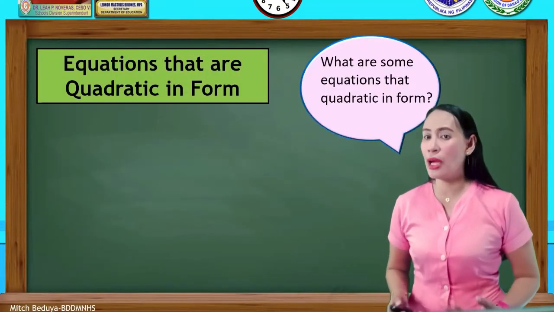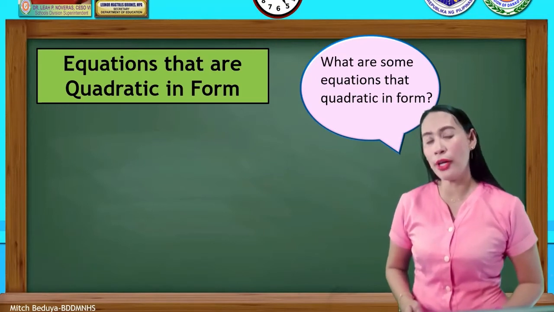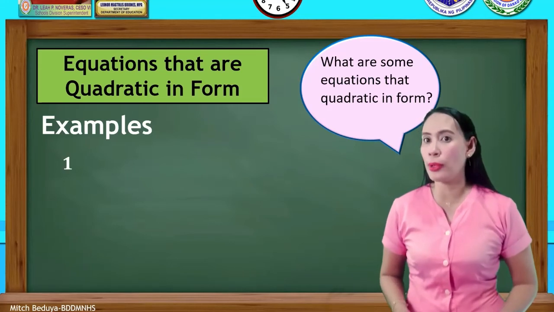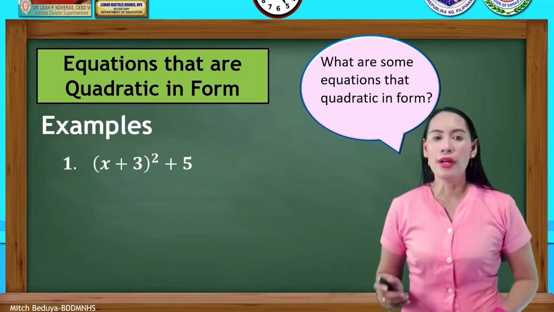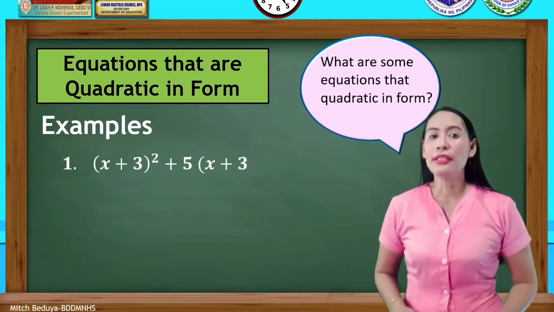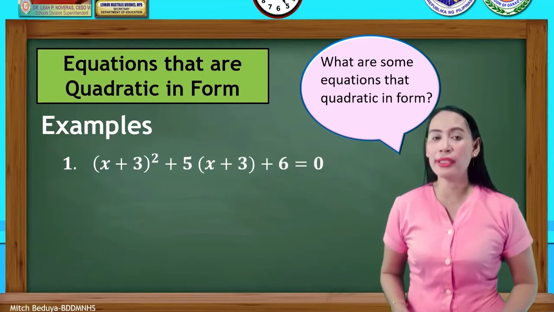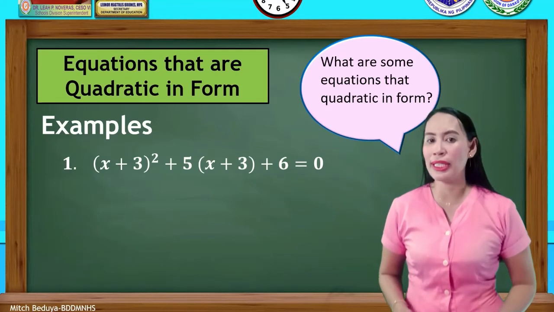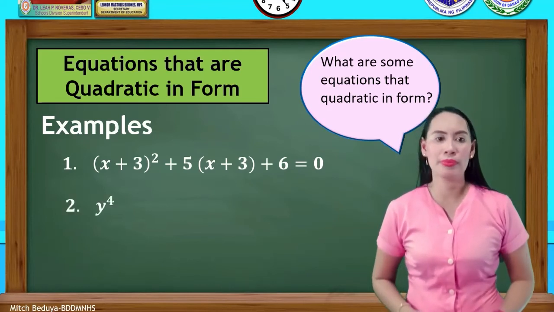So what are some equations that are quadratic in form? Examples of these equations that are quadratic in form are: number 1, the quantity x plus 3 squared plus 5 times the quantity x plus 3 plus 6 equals 0.